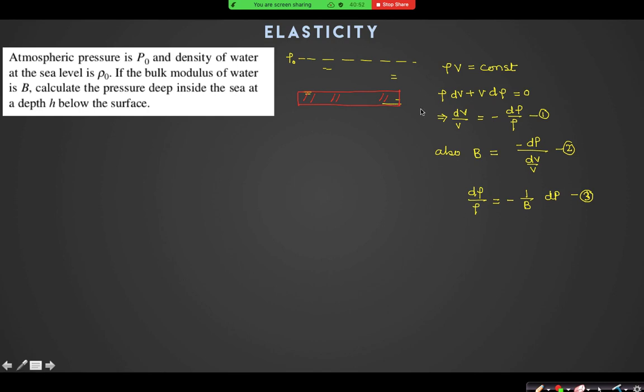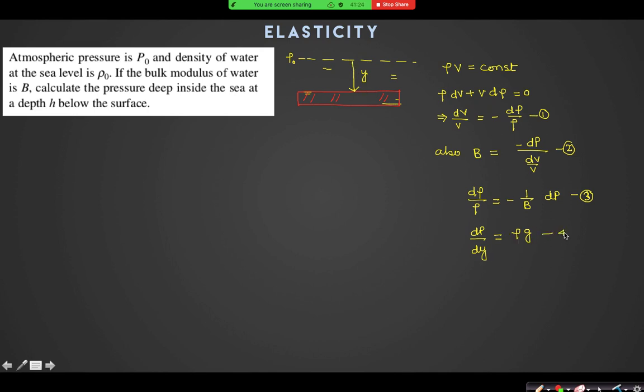Do you remember, as I go down, suppose this depth is y, what is dp by dy from simple hydrostatic calculation? It will be rho g. If we take y from the bottom, it is minus rho g, but I have taken y from the top surface, so it will be plus rho g.